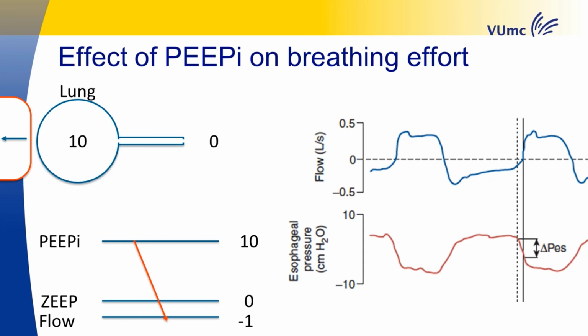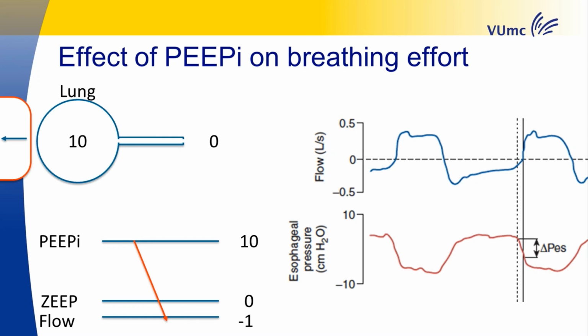So this is the flow, for a patient, say, on pressure support, and this is esophageal pressure. The drop in esophageal pressure from here until the moment inspiratory flow starts is defined as intrinsic PEEP. Right? Everybody get this? Okay, good, simple.